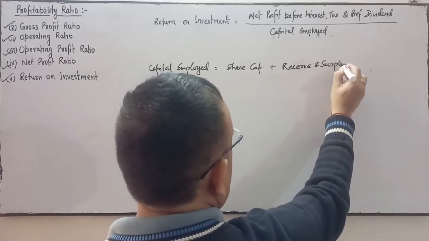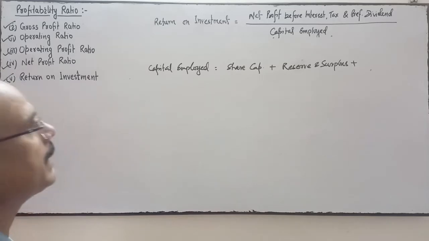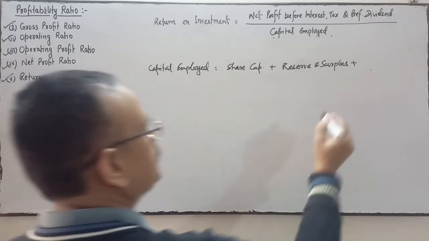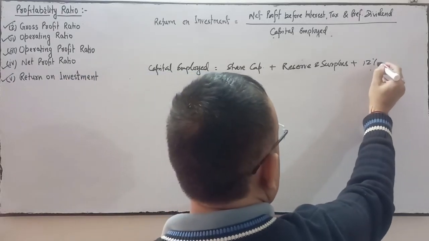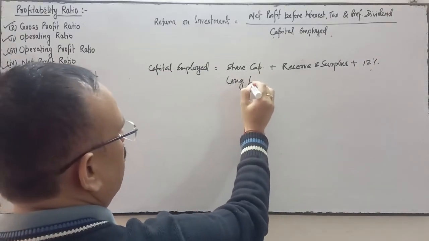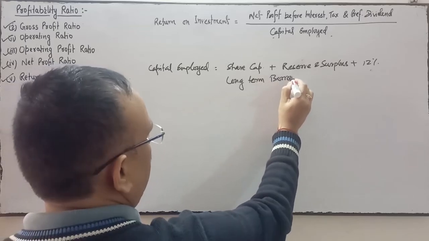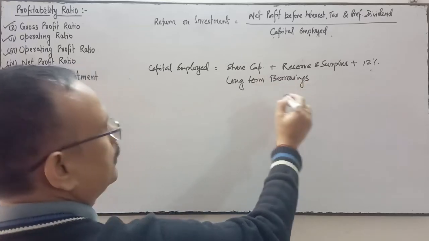This is shareholders fund, plus in non-current liability there is 12% long-term borrowing, which will be taken into account.